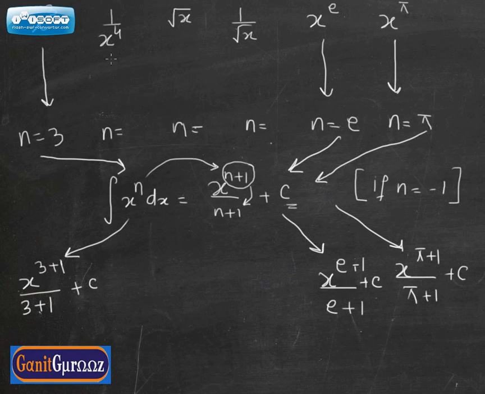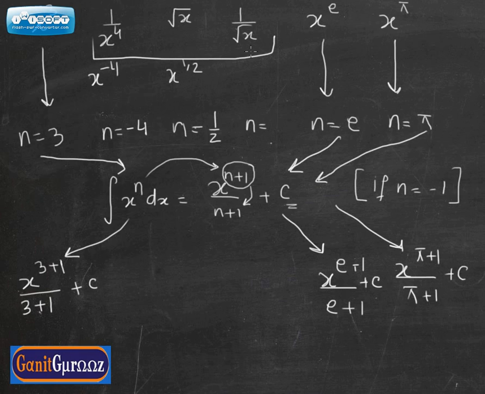What about the other ones? Well, we'll do some work. We know from algebra this is nothing but x raised to power minus 4. So my n in this case is minus 4. Again, from algebra, I know that this is nothing but x raised to power 1/2. So my n is a fraction, which is 1/2.